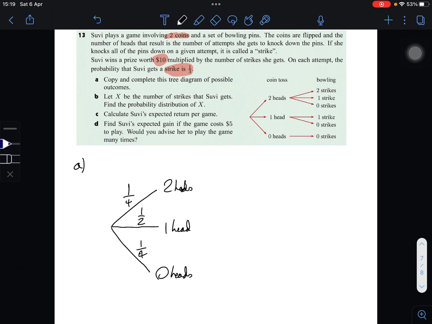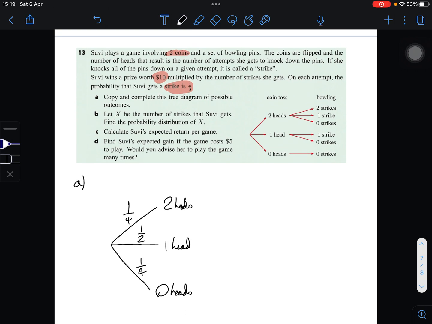And then possible outcomes. This is the part where I'm now slightly stumped. Strikes, 2 strikes.